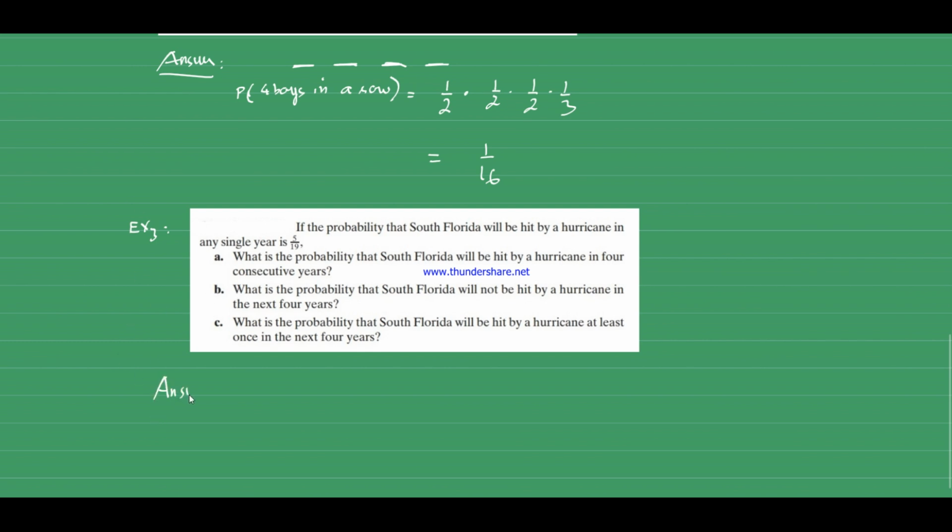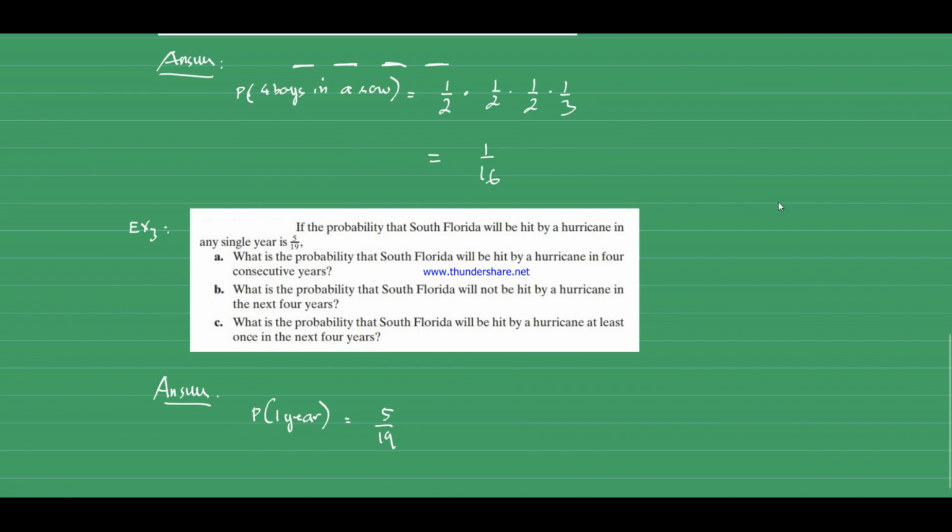Okay, you want to find the probability that South Florida will be hit by a hurricane in 4 consecutive years. So we know the probability for any single year to be hit by a hurricane is 5/19.